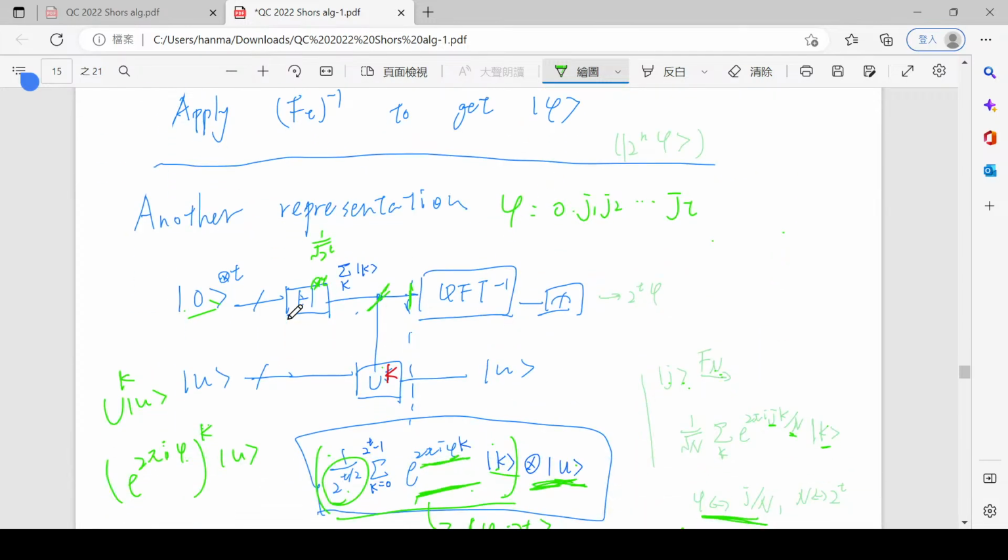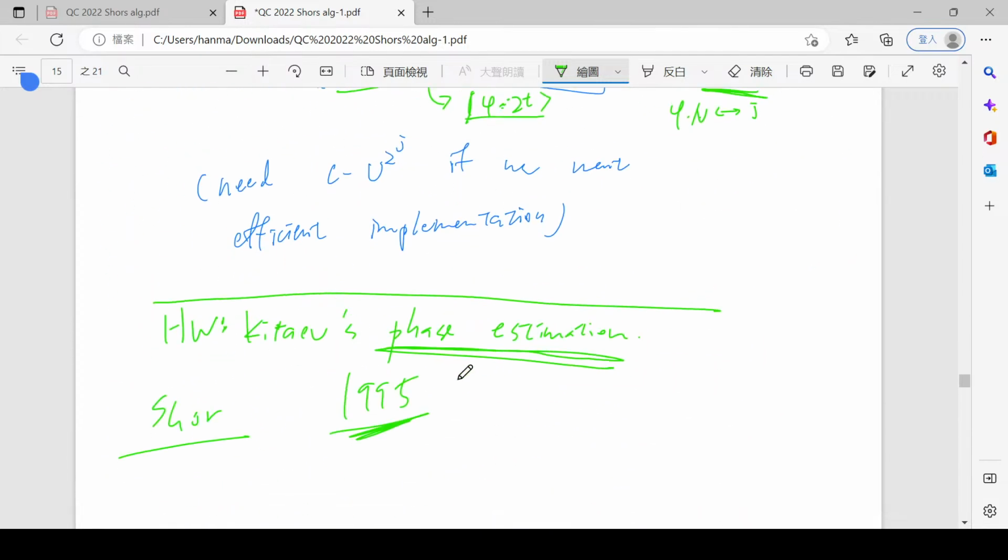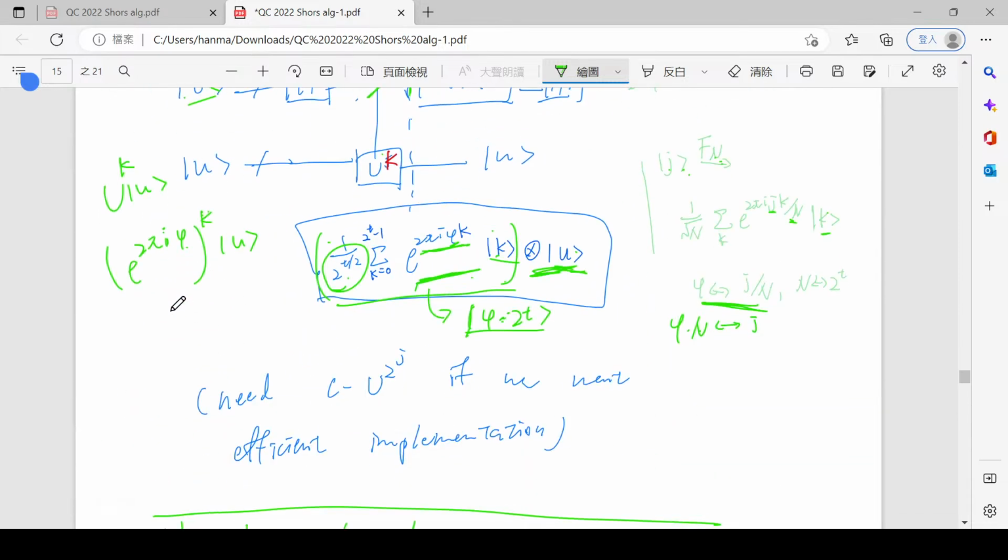So that's the story about Kitaev's phase estimation. That's how he came up with it. He knew he needed it to get the factoring algorithm, and he did it with the quantum Fourier transform, which is a more complicated analysis.